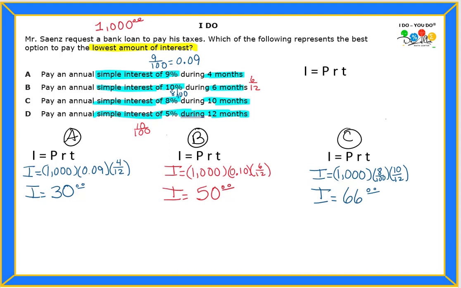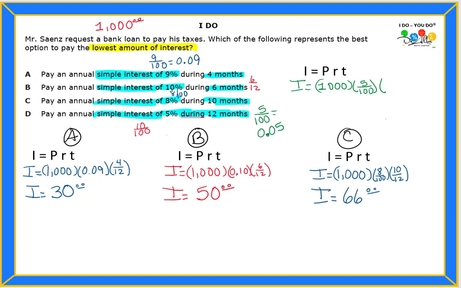We're going to work it out up here. So on this one, we're going to say this is interest. The principal, we're still using the $1,000, right? The rate is 5%. Now remember, 5 means 5 out of 100. If you want to change it to a decimal, that will be the same thing as 0.05.